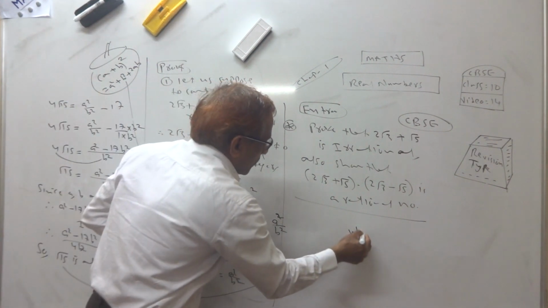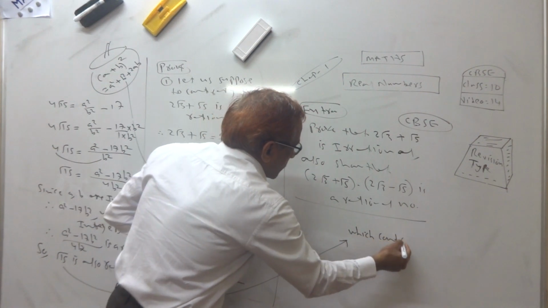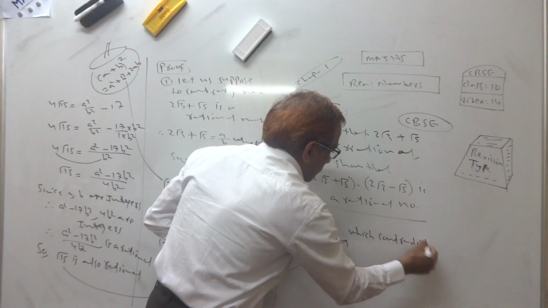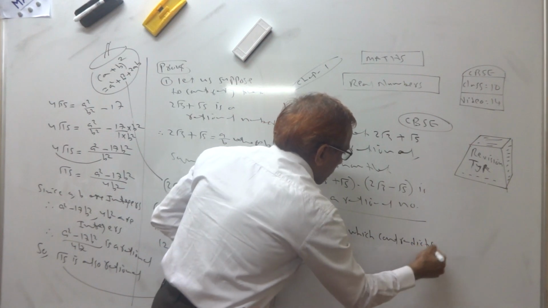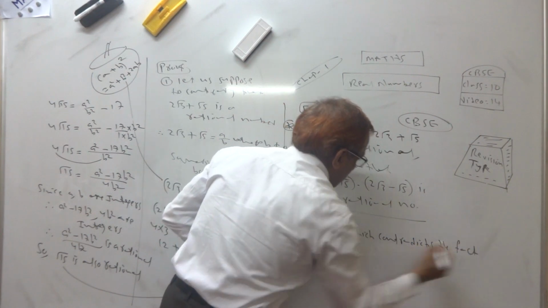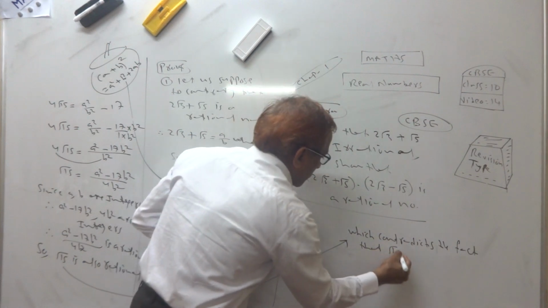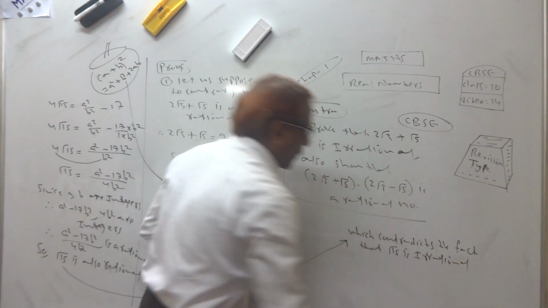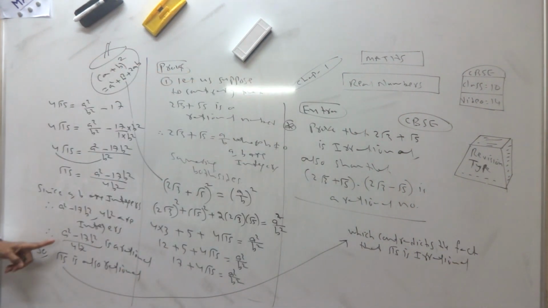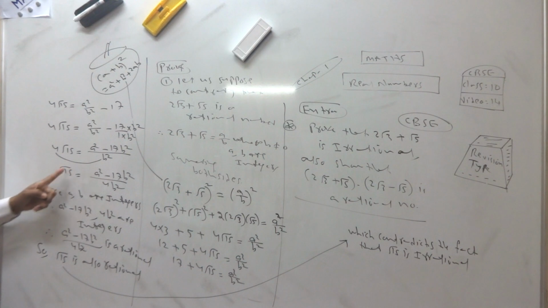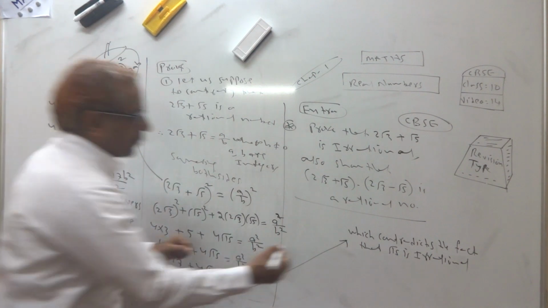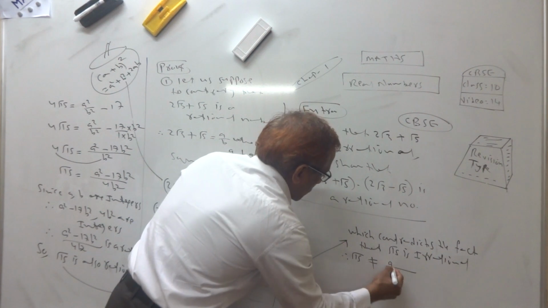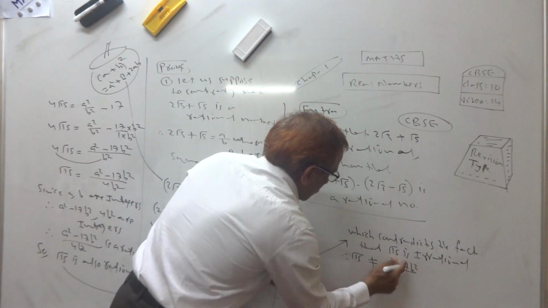So what we write after that? Which contradicts the fact that root 15 is irrational. Actually, the fact is what? Root 15 is irrational. So how these two will be equal? No. Therefore, root 15 is not equal to this.